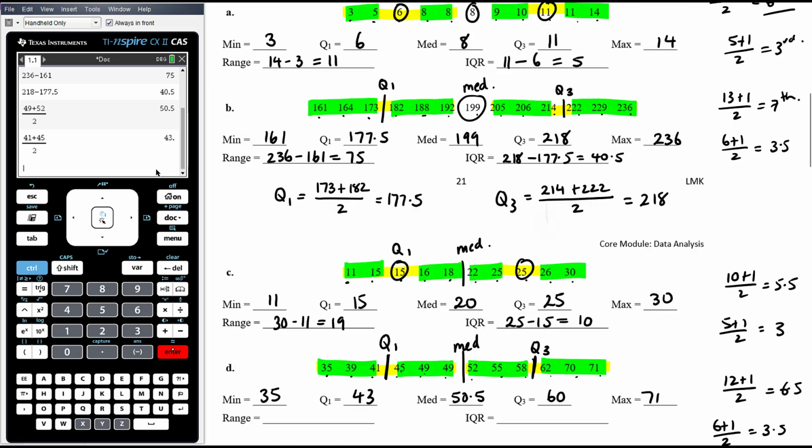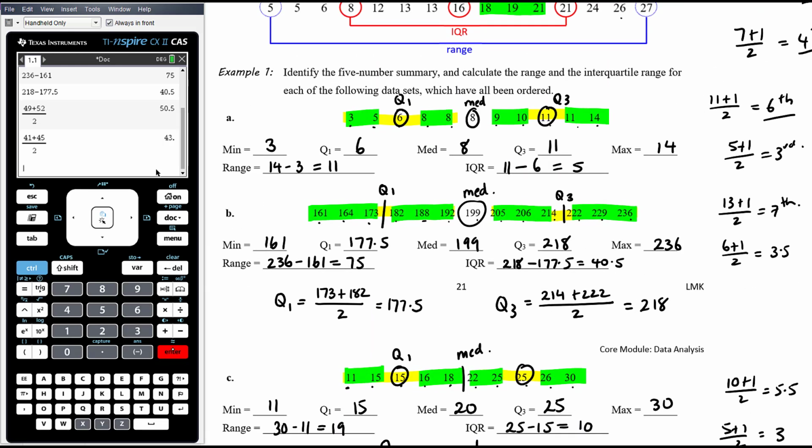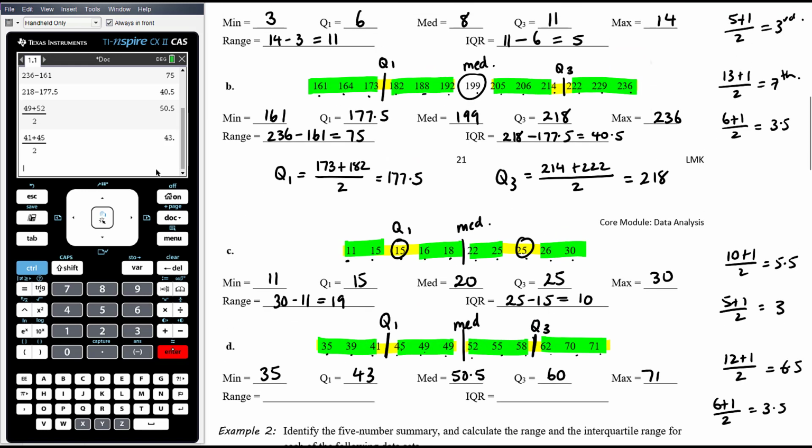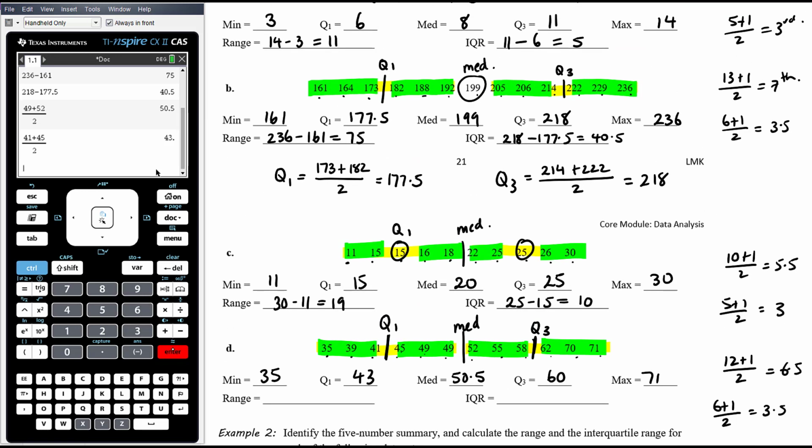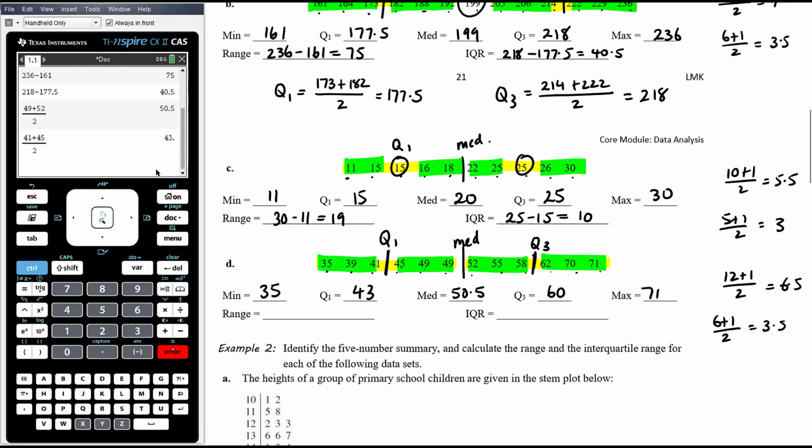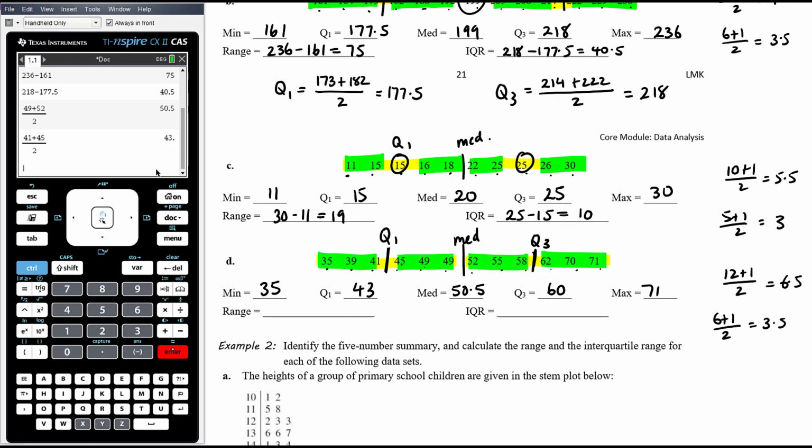So we've got all sorts of examples here. In the first example, the quartiles were all actual data values. In the second example, the median was a data value, and then Q1 and Q3 were between data values. In example part C, the median is between 2 values, but Q1 and Q3 are actual data values.